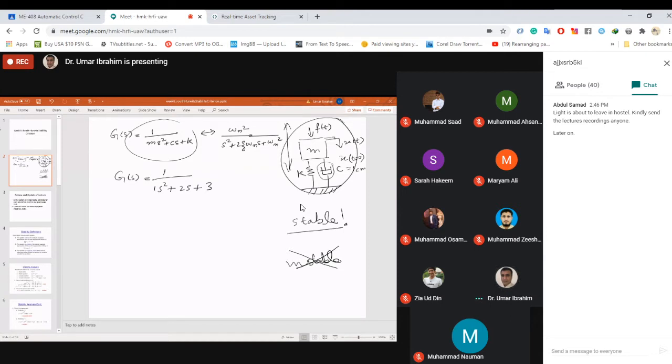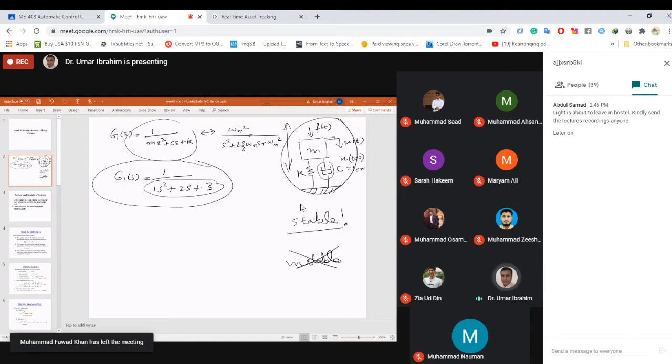What if you don't have the physical system? You only have the transfer function of the system, or the governing equation of the system. How can you then determine if the system is stable or not? In that case, what we need to do is get the characteristic equation of this system.